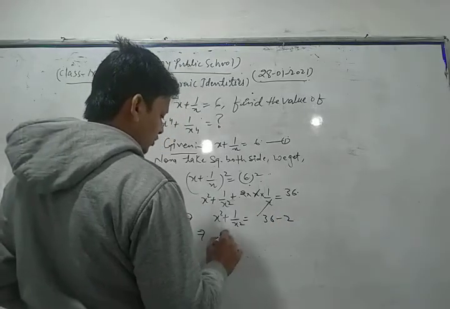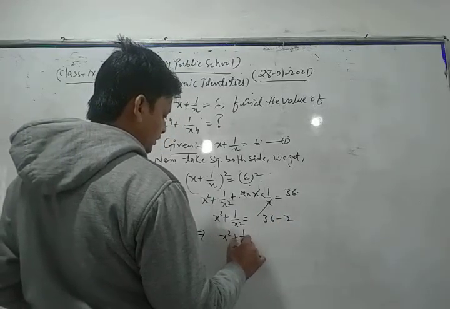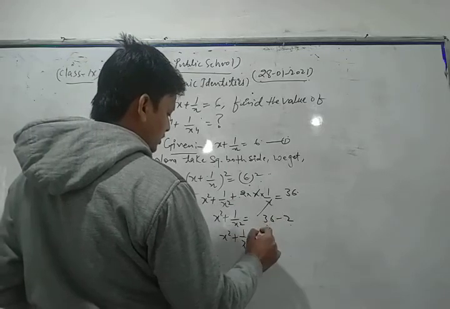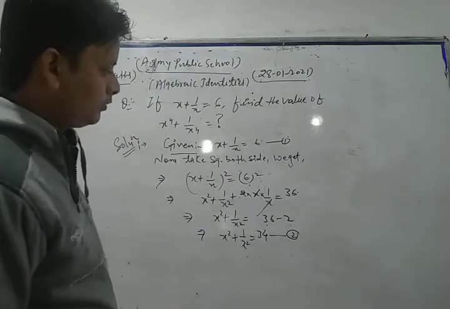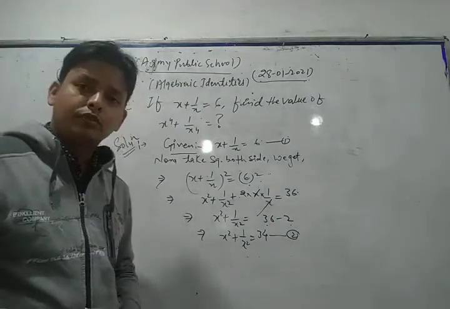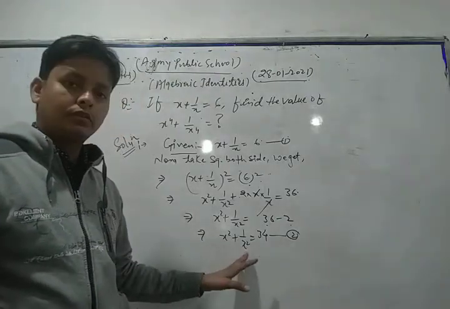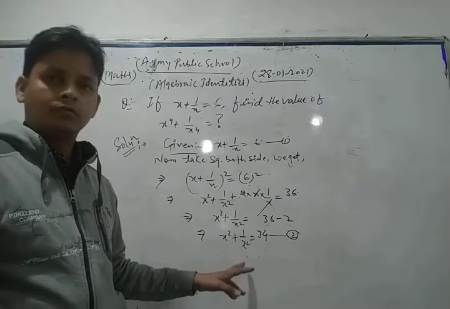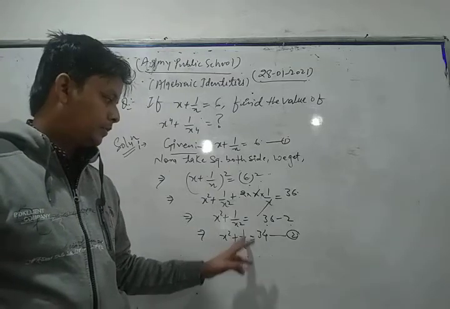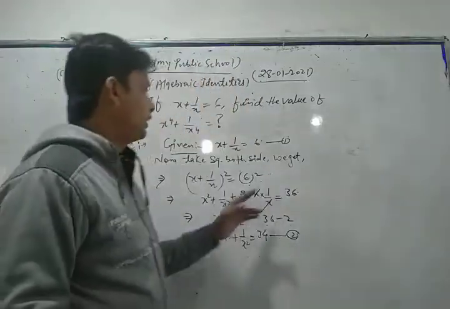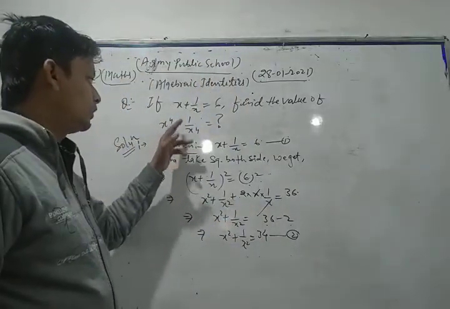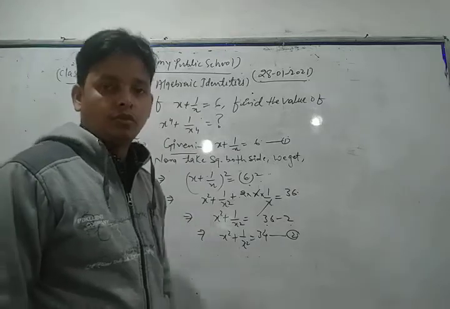So the value of x square plus 1 upon x square is equal to 34. Take this as equation number 2. First of all we find the value of x square plus 1 upon x square. Now we find the value of x to the power 4 plus 1 upon x to the power 4.